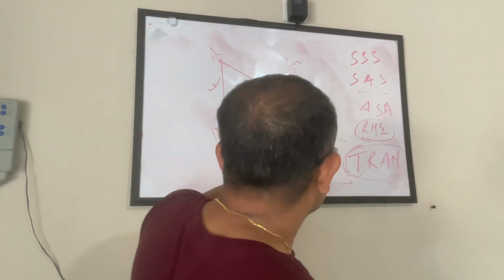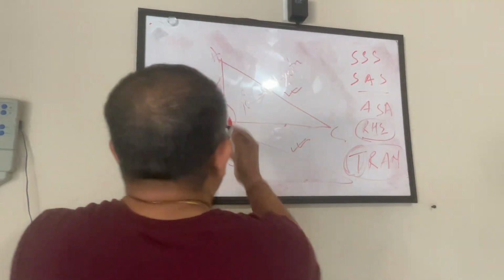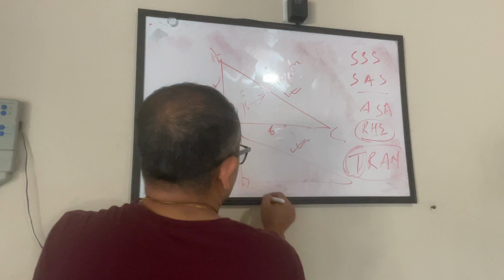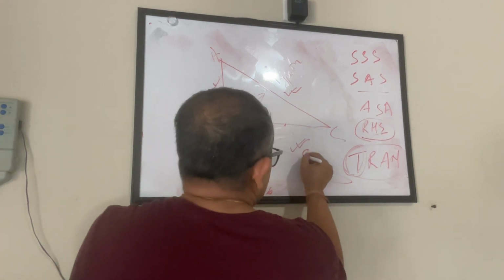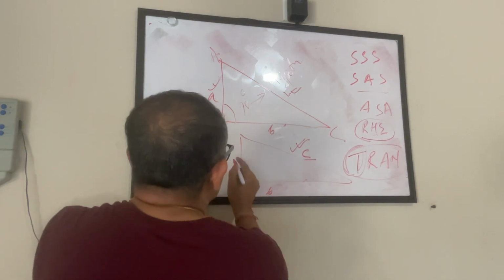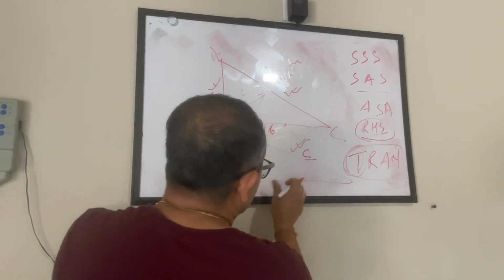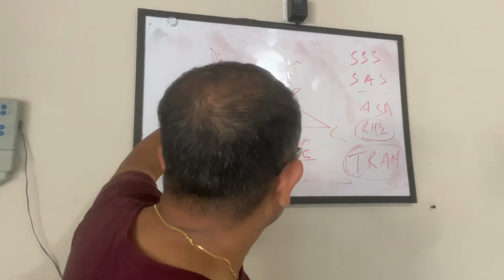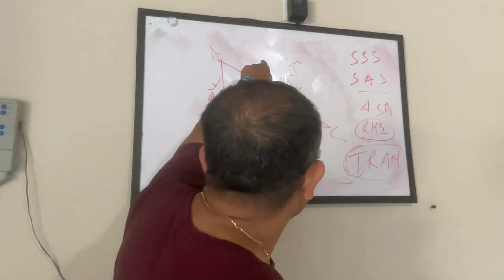If the hypotenuses are matching, now let's say this is A, this is B, this is A, this is B, C. C is matching. Let's say this is A, and I don't know whether this is B or not. I say this is B. So A is matching. Hypotenuse is matching.